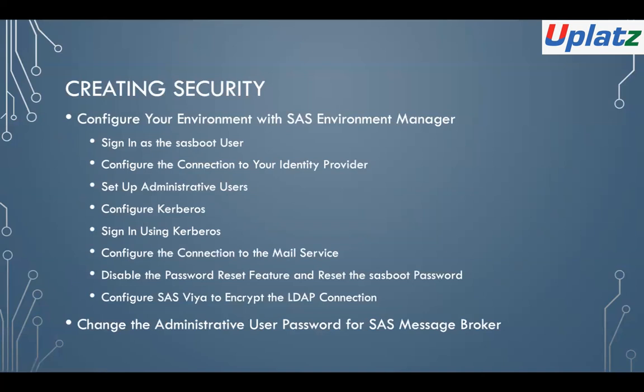For this, you have to have a host name and port number ready, and you also have to have the mailing host name that is used in your organization. You enter this information in the Environment Manager mail service option, and then you will save these options in the Environment Manager so that you can start using this functionality.